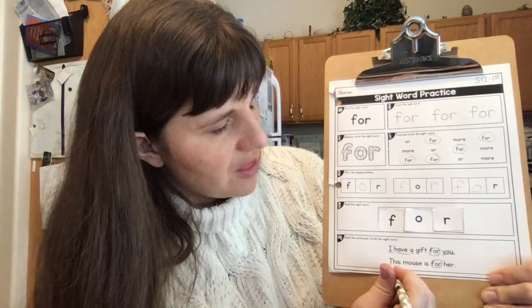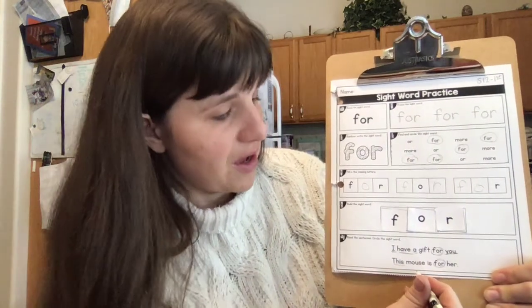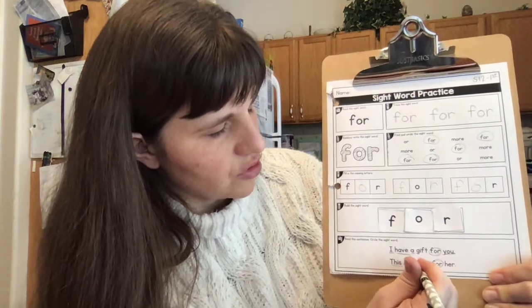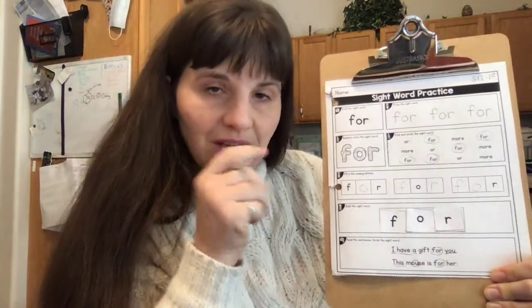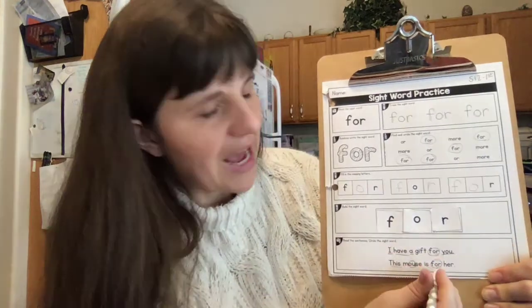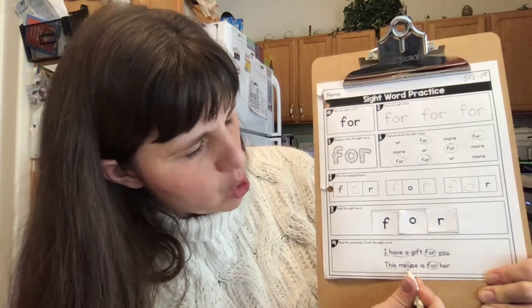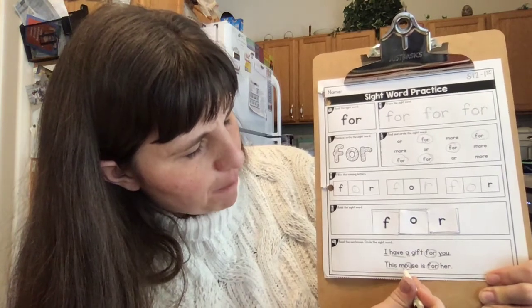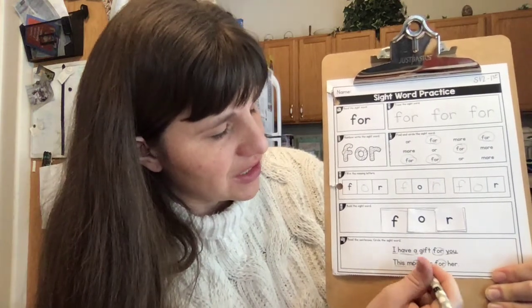Last one. This. Uh-oh. Oh, man. I see an OU here. Circle your OU. What does OU say? Scout says, ouch. OU says, ow. This, mouse. This E doesn't do anything because the OU sticks together.